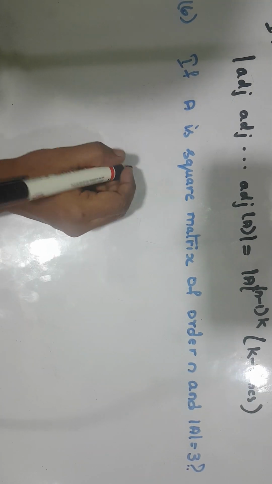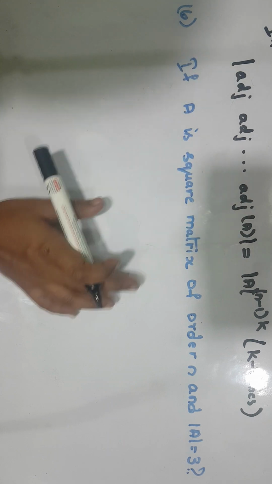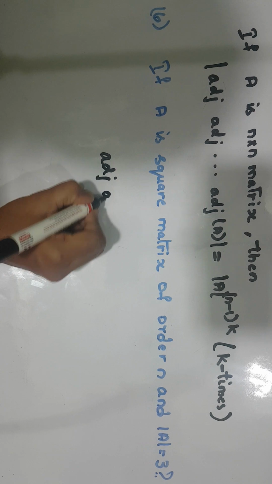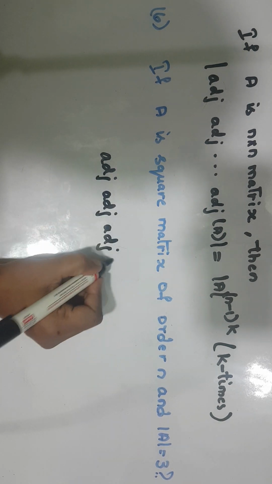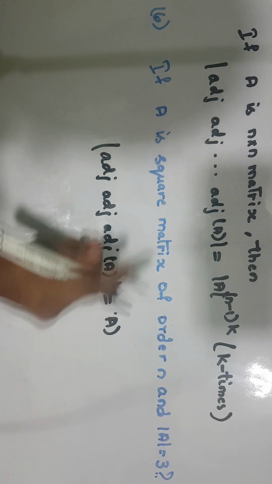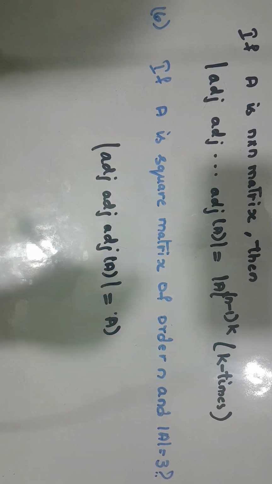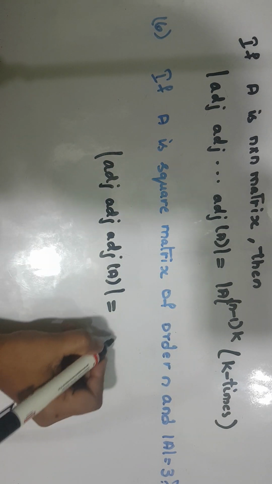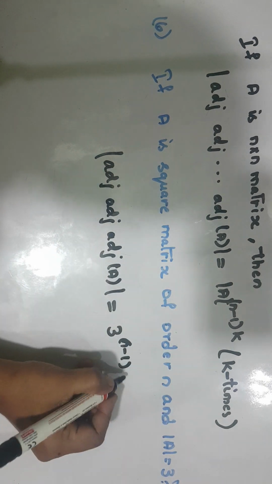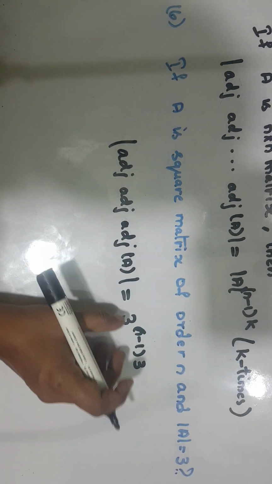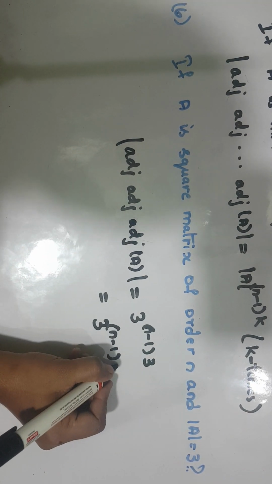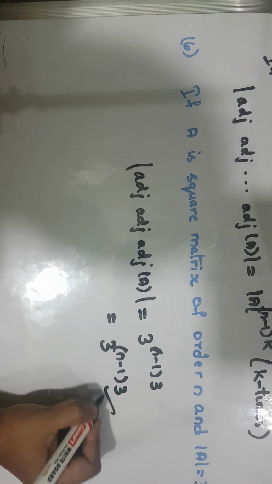The result is A to the power (n minus 1) whole power 3, that is (n minus 1) whole into 3 in the exponent. Okay, this is the required answer.